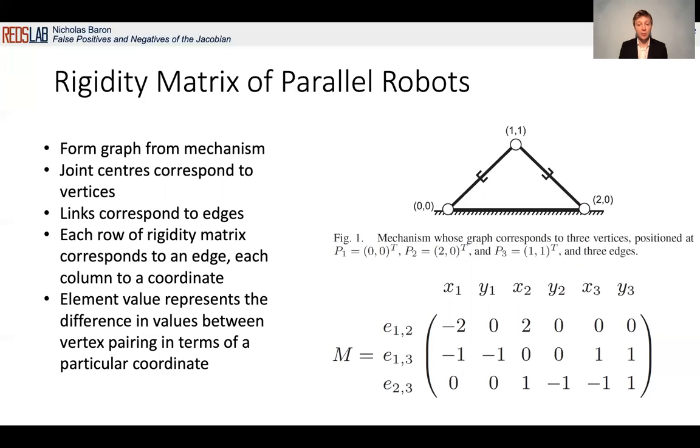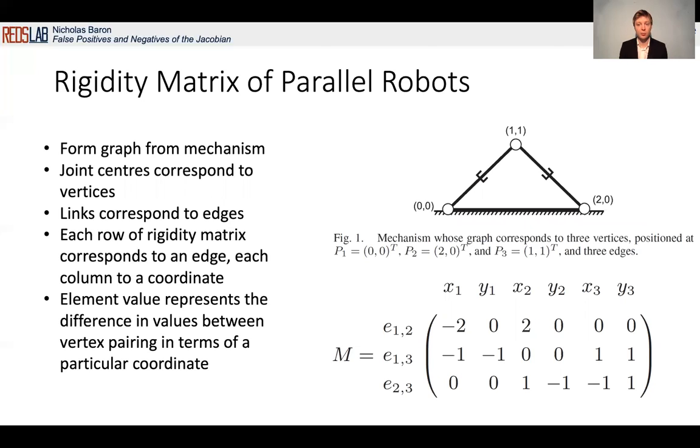Each element in the matrix is determined if that element is in a row corresponding to a particular edge, and is in a column which corresponds to the coordinate of a vertex which is part of that edge. And then the value of the element is computed by determining the difference between the 2 vertices in that edge in terms of the coordinate dictated by that column.